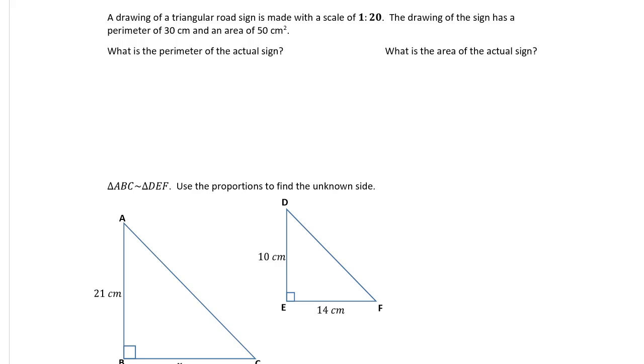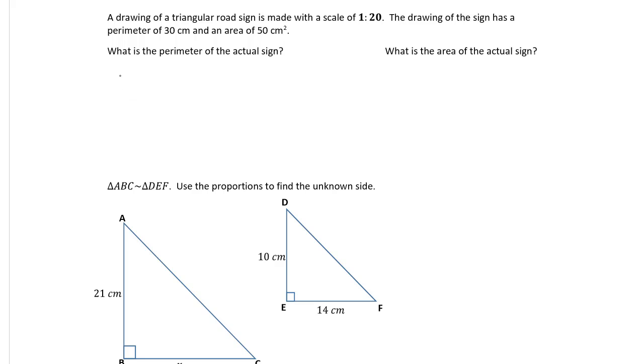A drawing of a triangle road sign is made to a scale of 1 to 20. So in other words, the scale factor is 20. The drawing of the sign has a perimeter of 30 centimeters and an area of 50 centimeters. What's the actual perimeter? Well, we already figured out that the perimeter of the similar triangle is going to be n times the perimeter of the original triangle, or of the smaller triangle.